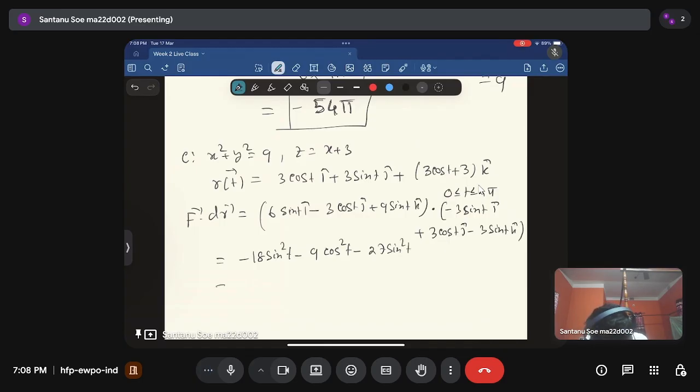Okay, so this is minus 9 minus 36 sin square of t. So this is minus 9 minus 18 times (1 minus cos of 2t). So this is minus 27 plus 18 cos 2t.